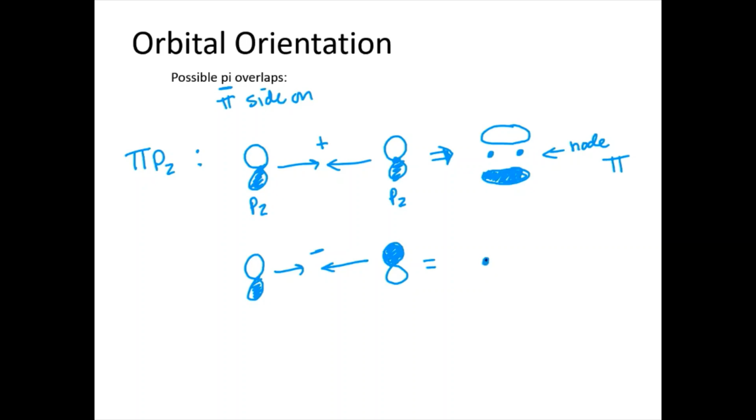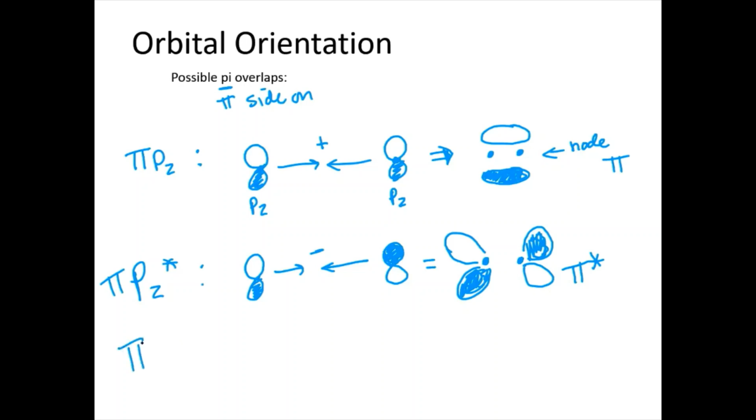So I still have my nucleus in the middle, but this time, instead of combining to form a cloud, it pushes itself away. Okay, and same thing over here, it pushes itself away. And so this is called my pi anti-bonding orbital, or you can think of it as the pz pi anti-bonding orbital.